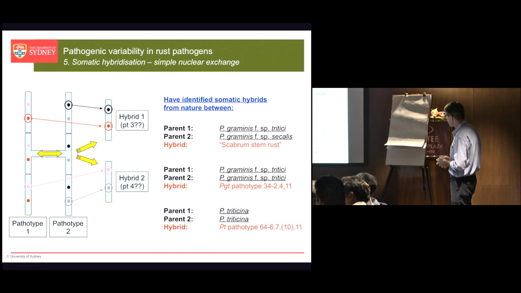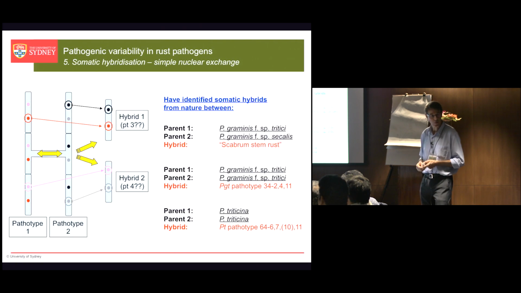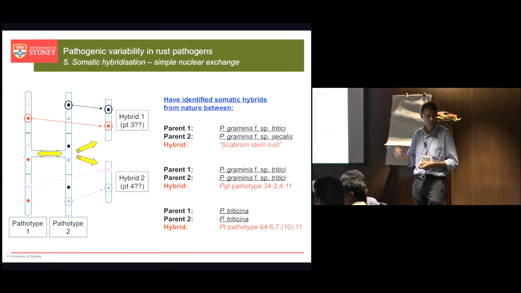We also have an example from the 1950s where we had 2 pathotypes of the wheat stem rust pathogen undergo somatic hybridisation to give a new pathotype altogether. Right? And this actually resulted in at least 2 varieties becoming susceptible. So it was important in agriculture, this hybrid rust.